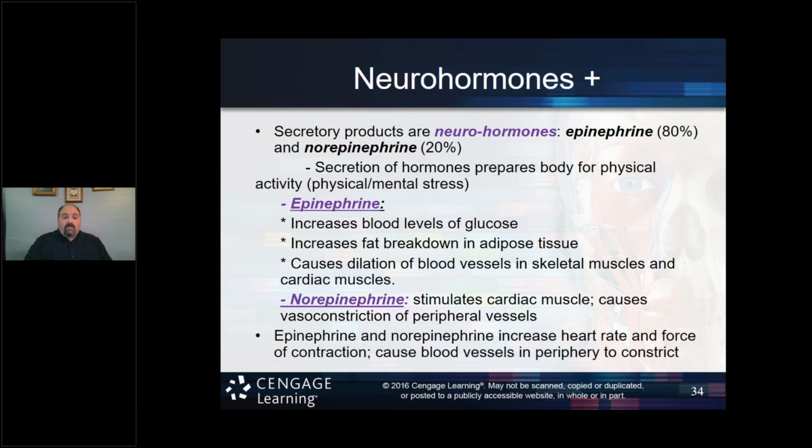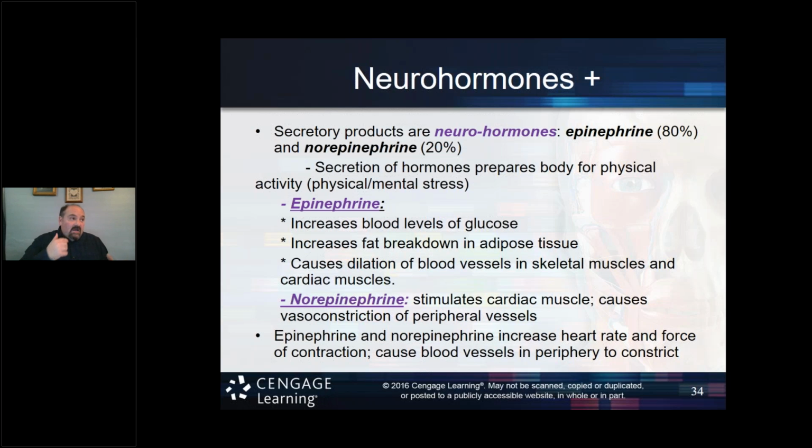Epinephrine, norepinephrine, aka adrenaline, noradrenaline. Okay, so we said that the adrenal medulla is the medullary region, it's the inner portion of the adrenal glands. Primarily epinephrine is being produced at approximately 80%, norepinephrine at 20%. Okay, and what are they doing? They're stimulatory types of neurohormones, right?